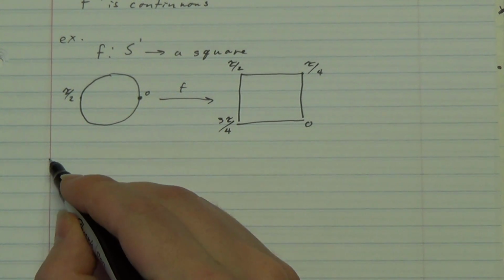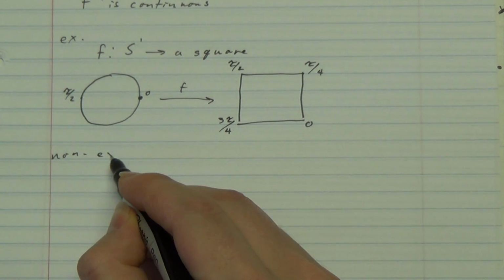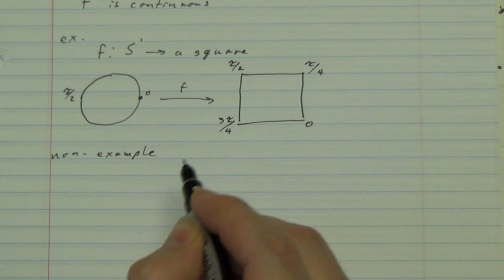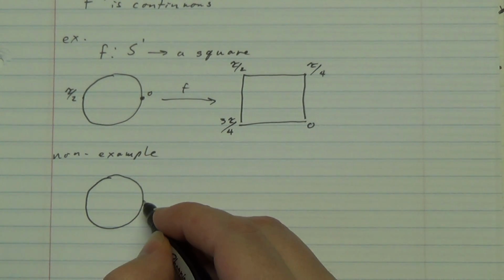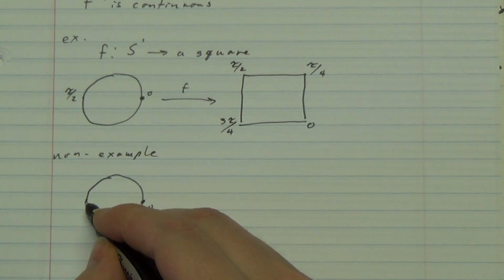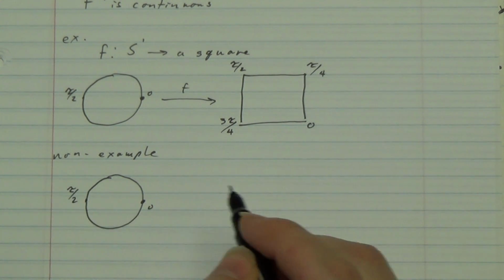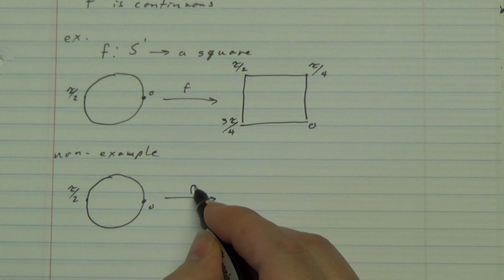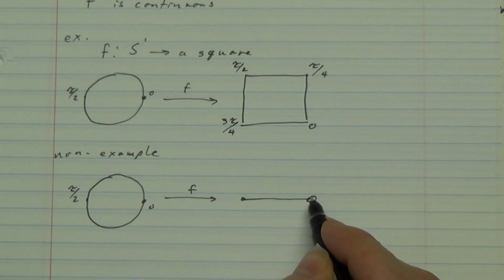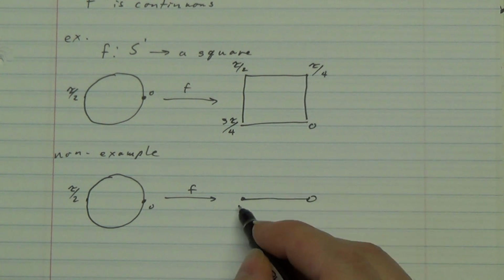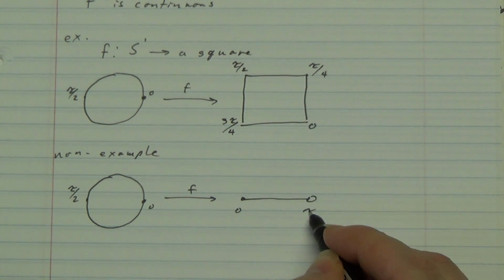Here's a non-example. Let's take the circle again. The same topology. And map it to this half-open interval from 0 to tau.